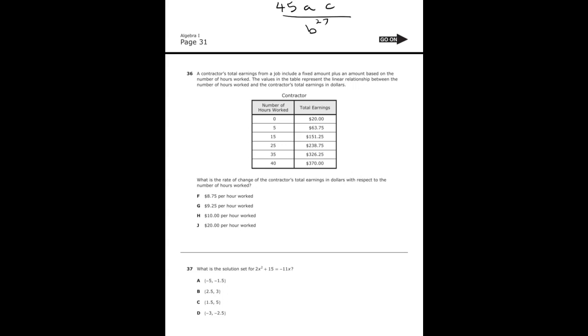Okay, so that's simple enough. Rate of change, y2 minus y1 over x2 minus x1. But I wouldn't use 0 actually. I'll probably use, let me see, this one right here. 326.25 and 151.25.